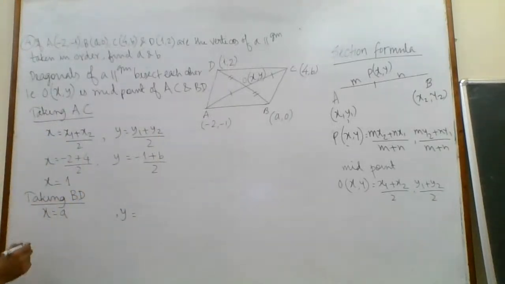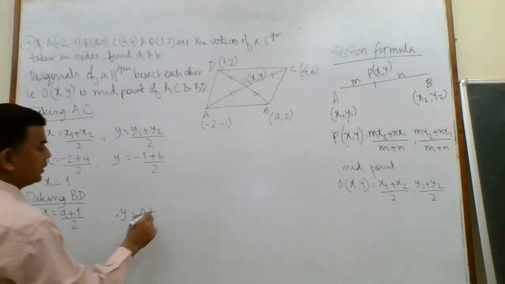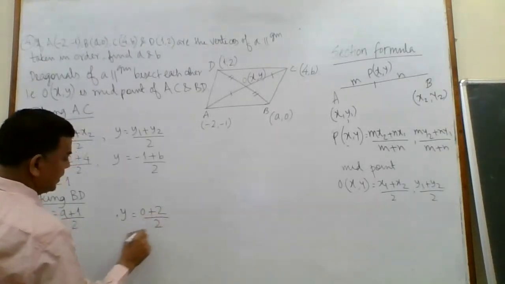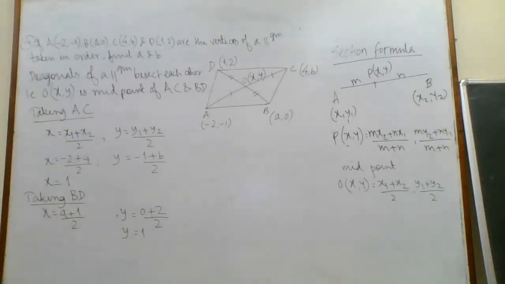X equal to x1, that is A plus 1 upon 2, and y equal to y1, that is 0 plus 2 by 2. 0 plus 2 is 2, by 2 is 1. We have got this thing, we have got this thing. The left hand sides are equal.